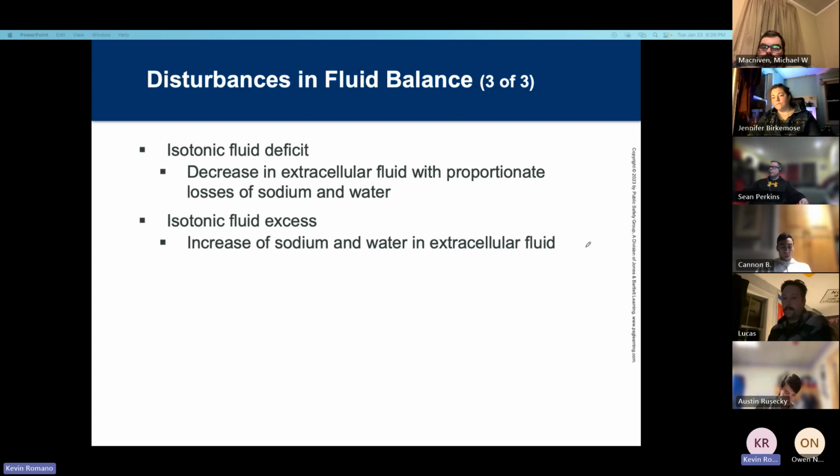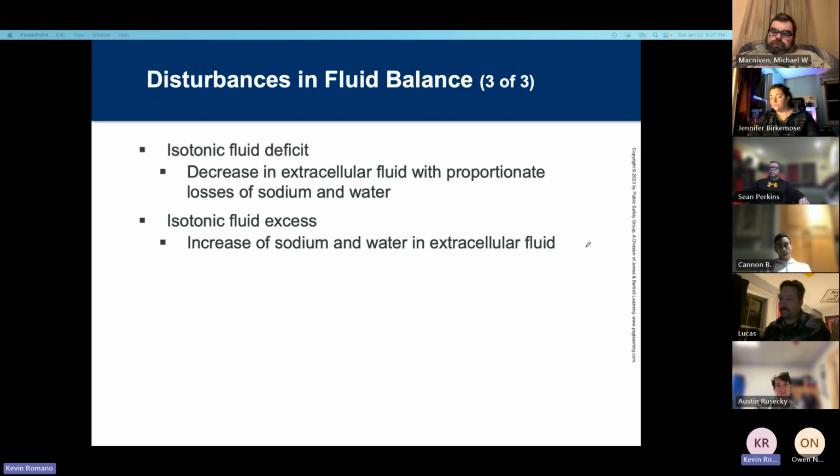So deficit versus fluid excess. Do we have too much or do we have too little? What can we do to find out if a patient is hypovolemic? So we'll say isotonic fluid deficit. What can we do for this patient? How can we tell? They're losing sodium and water.